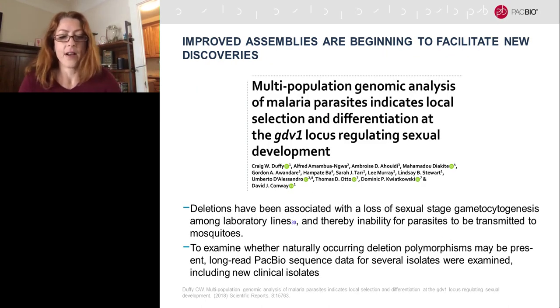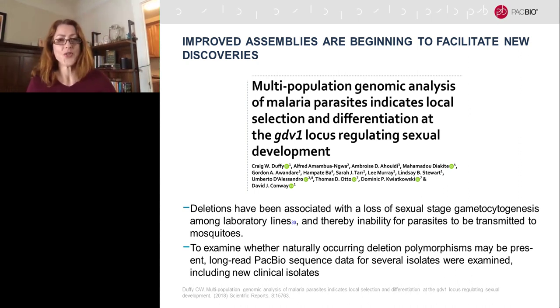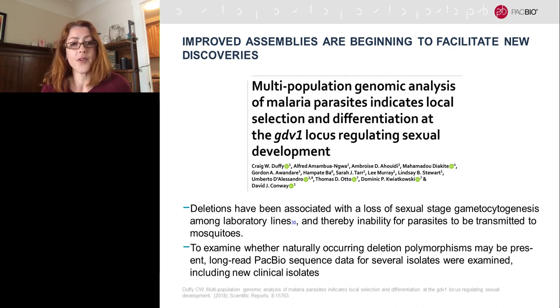So again, this all sounds very cool. It's very nice. But if you're not a genome assembly geek, like we are at PacBio, what does that mean? What is the point? How is that helpful to you? Well, since these assemblies came out just a few years ago, we are now beginning to see publications that highlight how the better genomes are allowing new discoveries.